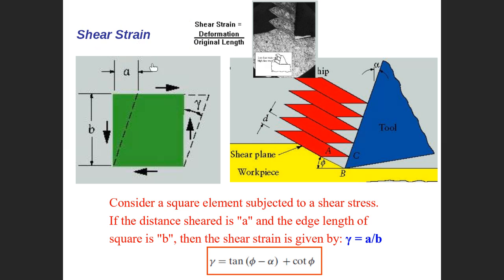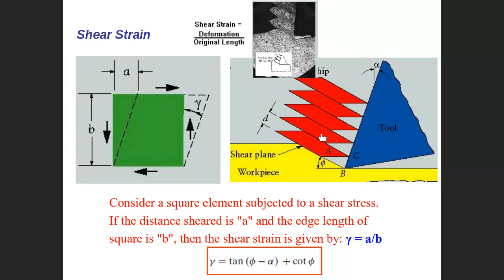Shear strain. Usually the material is initially deformed. When the tool pushes, the material will be sheared, but before shearing, the material will be deformed. Initially there is plastic deformation, and then shearing.